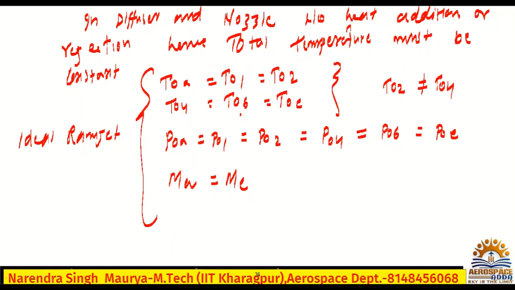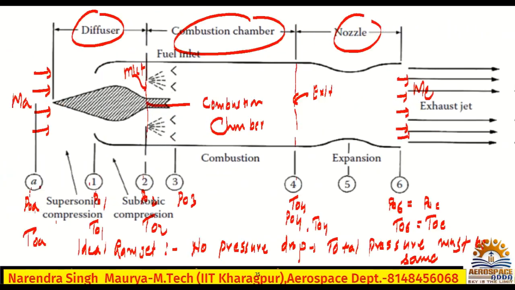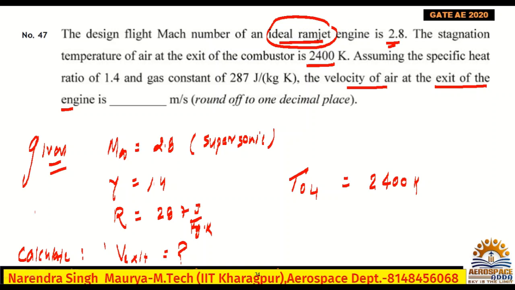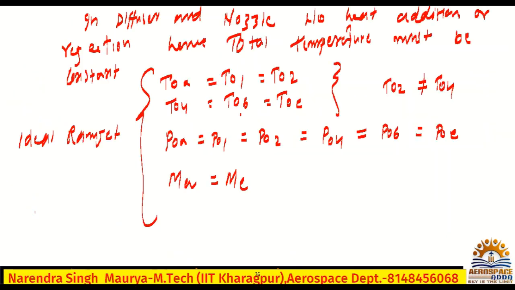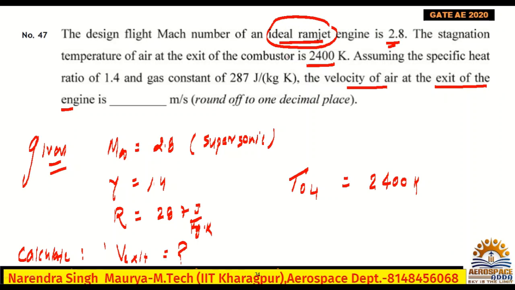So they have given T0E, which is 2400 Kelvin. They have also given the design Mach number, and as per the ideal ramjet, MA is equal to ME. The Mach number they have given is 2.8.